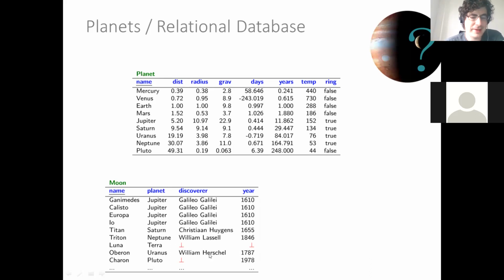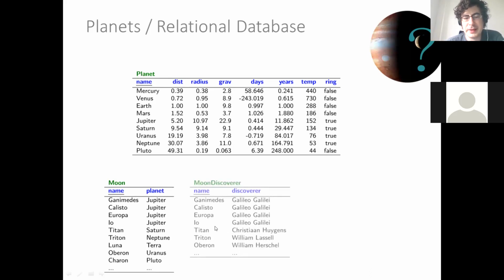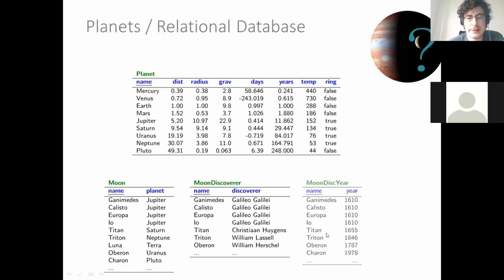This is not great, but maybe we can tolerate the nulls for now. If not, we can generate a new table where we have the name of the moon and who discovered it, and this allows us to avoid nulls if necessary. We can also do the year of discovery as a separate table if necessary.